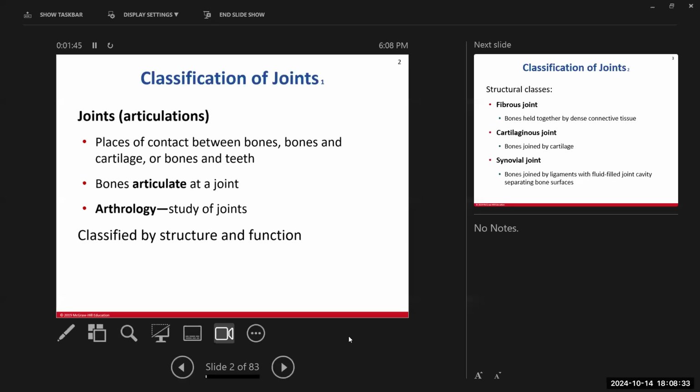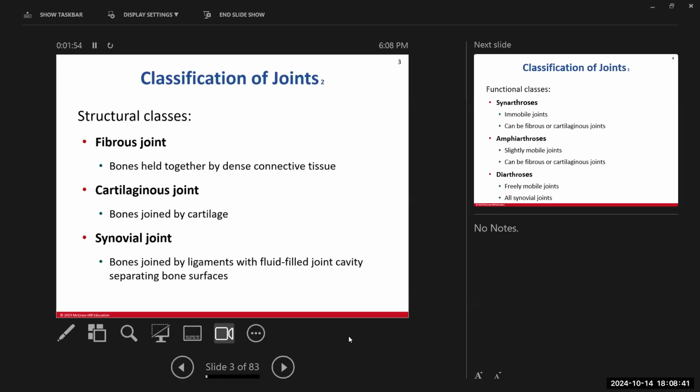The first type of classification we're going to use is structural classes, and we have three types: fibrous, cartilaginous, and synovial. With the fibrous type, you're going to see some sort of dense connective tissue. It could be dense irregular or dense regular connective tissue.